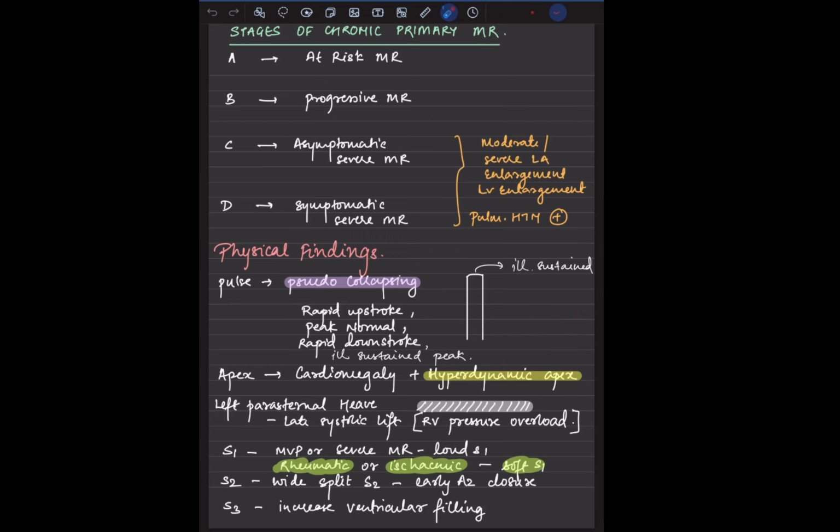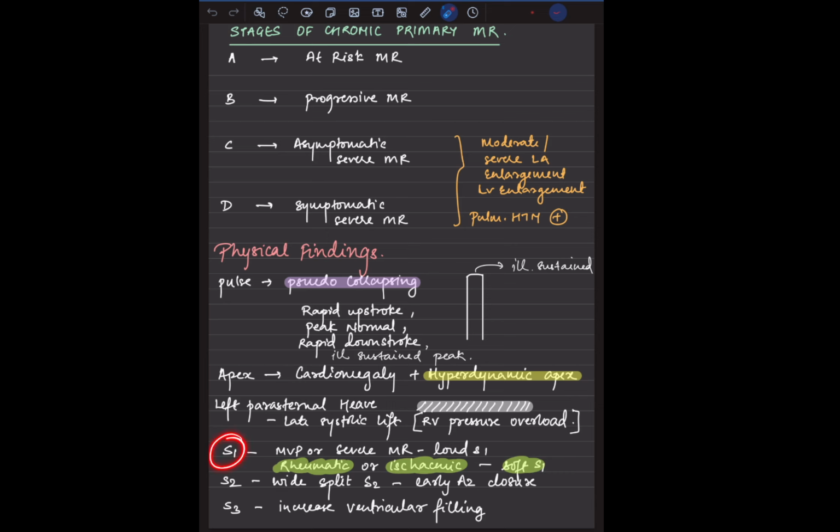Okay, now there is a left parasternal heave, that is, we get the left parasternal heave in many situations, including right ventricular hypertrophy. Whenever there is a right ventricular hypertrophy, that is mostly because of the right ventricular pressure overload.